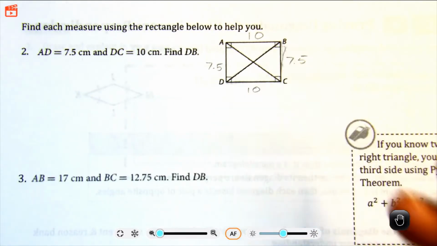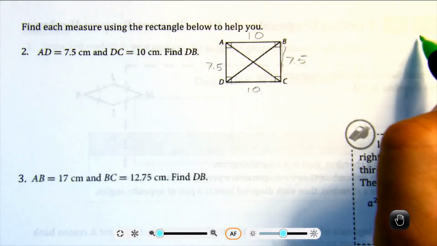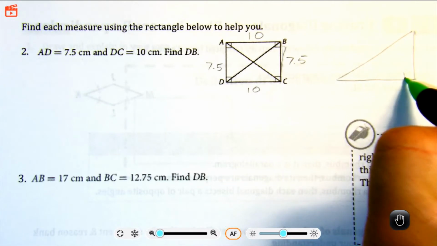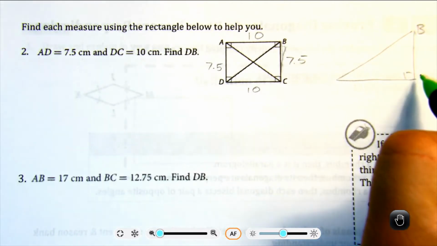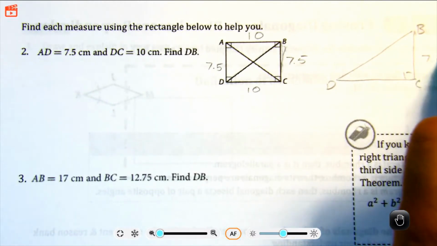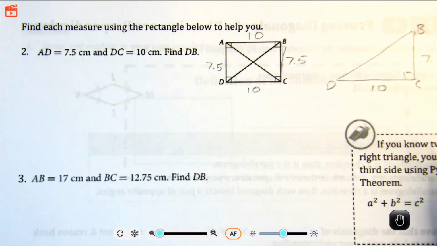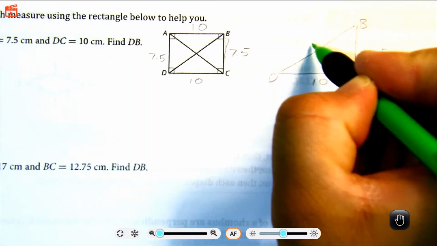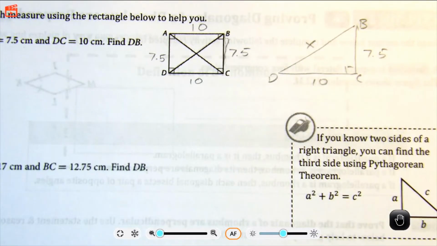And then let me draw that right triangle out here. So this is BCD. This side is 7.5 and this side is 10. And we want to find out this length. So I'll call that X.